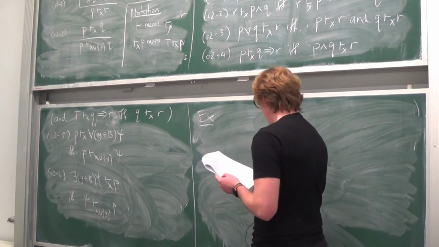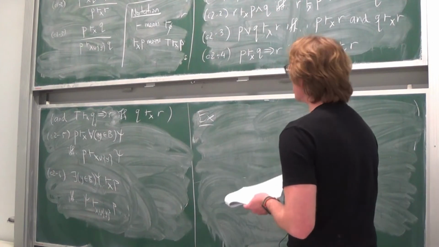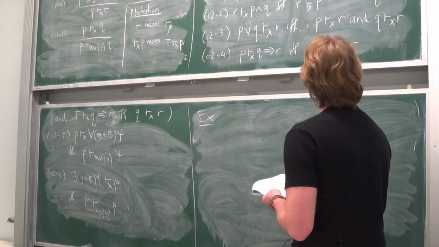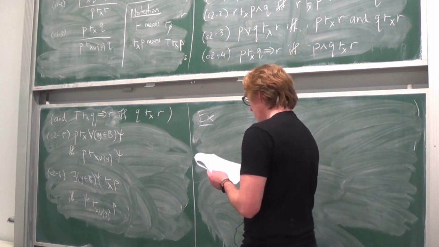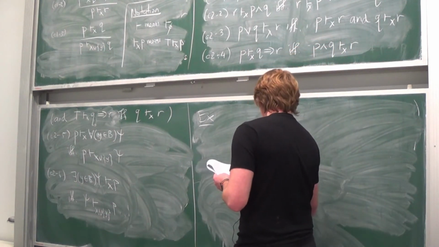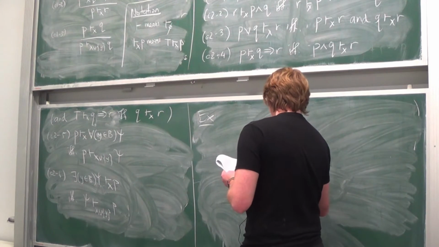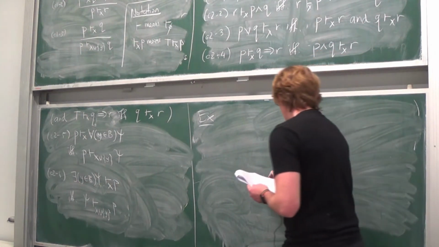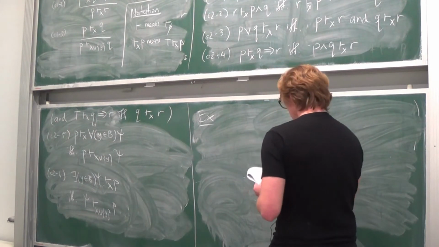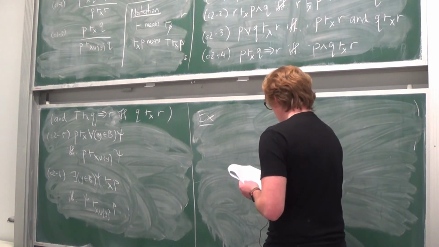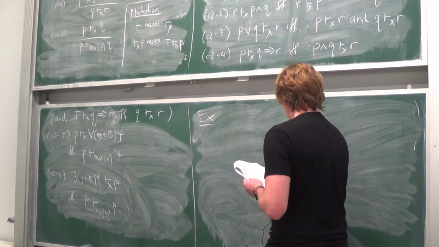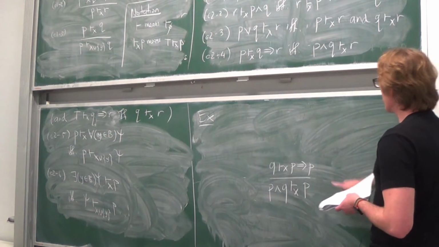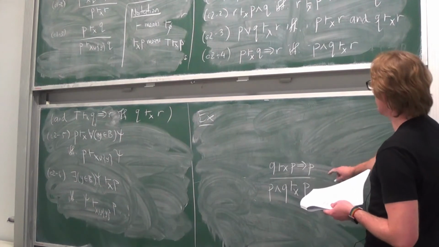This example is just meant to indicate the idea of a proof tree. So where are we getting to? P and Q entails, for any set X for which that makes sense. The final step is from this using, which one's that? C24, right?